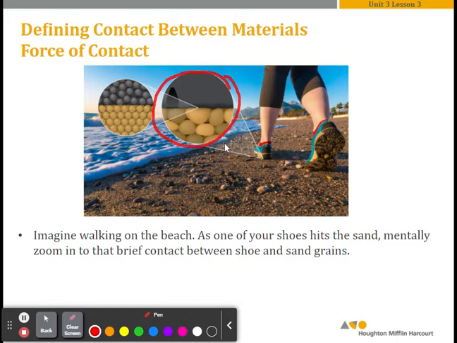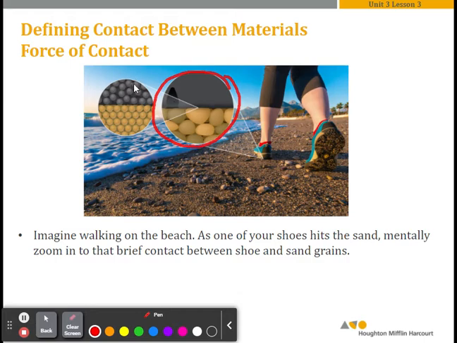You can't see those molecules, but the sand, you can see the different grains of sand. So if you zoomed way in, you would see something like this, where the shoe rests on the particles of sand.